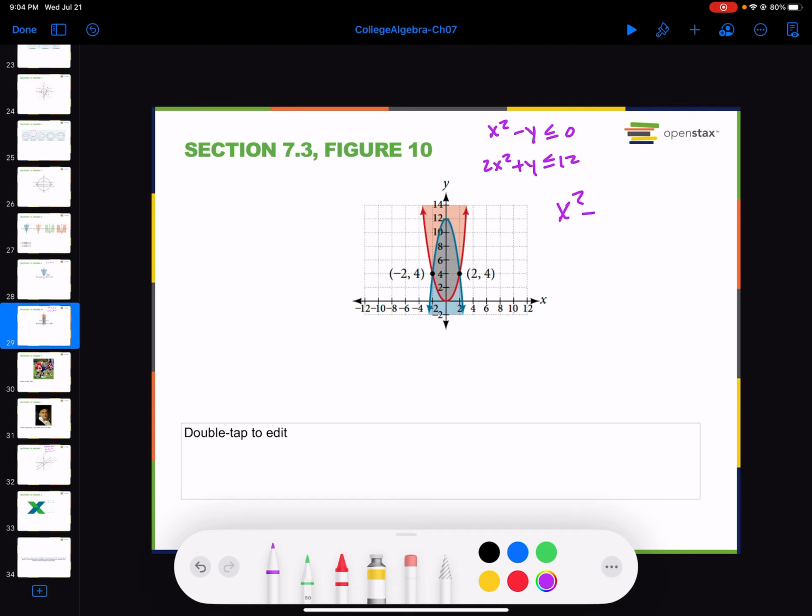We've got x squared minus y is less than or equal to 0. I think it's going to be easier to go ahead and shift the y over. So it's going to give us x squared. Because we're shifting the negative sign, we want to switch our signs. And that's going to, and then drop the negative. So it's going to give us y. So we've got y less than or equal to x squared.